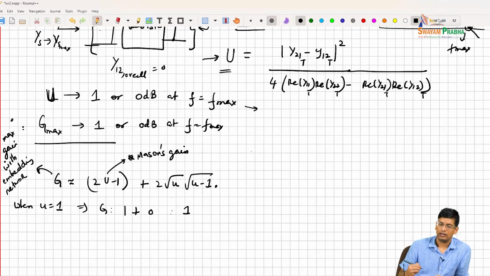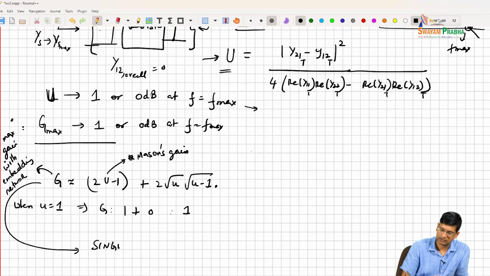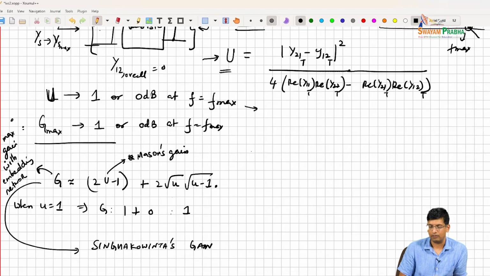There is a paper, by the way, this gain over here is called Singhakowitz's gain. So this gain metric, if you put that embedding network around, you can maximize the gain to this, right?